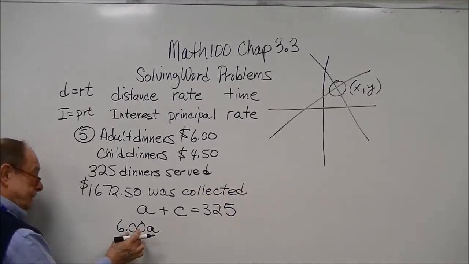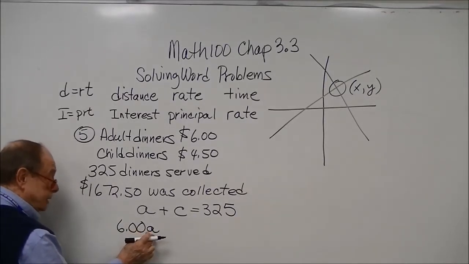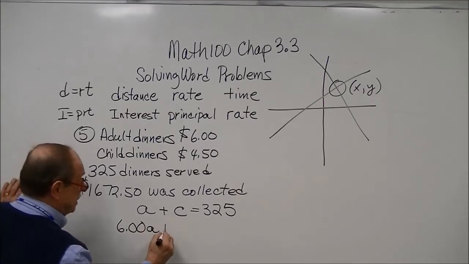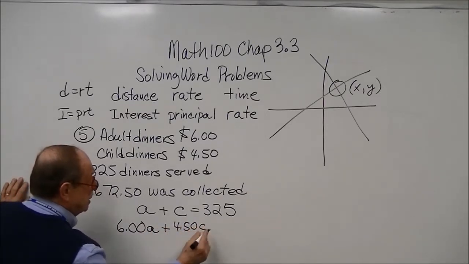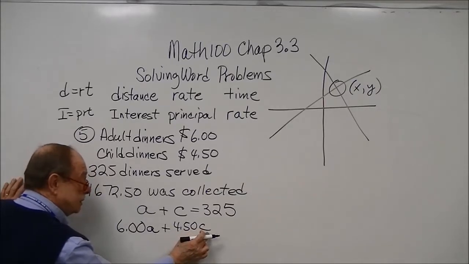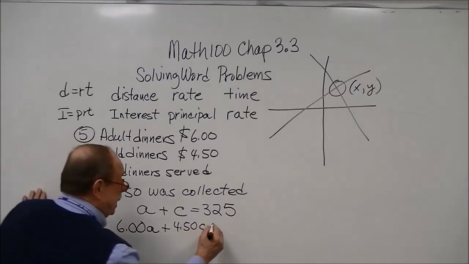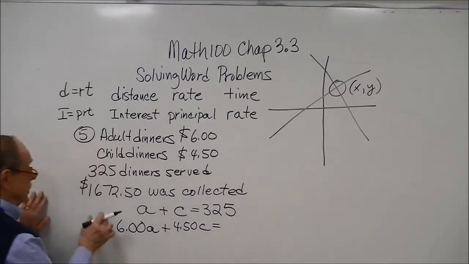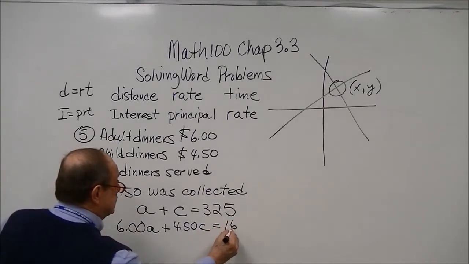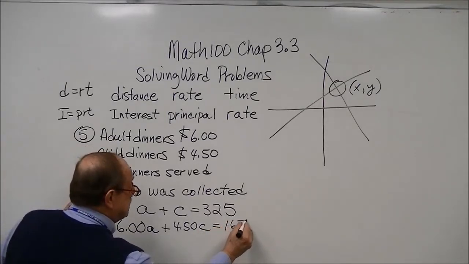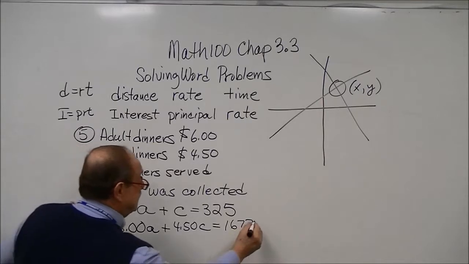That would be $6 times the number of adult dinners, plus the number of children's dinners times $4.50, and that will give us our total amount, which is $1,672.50.